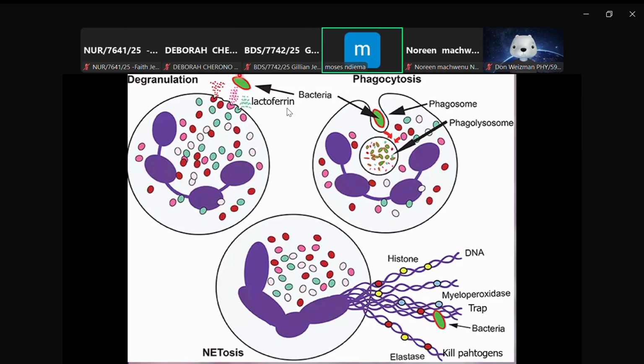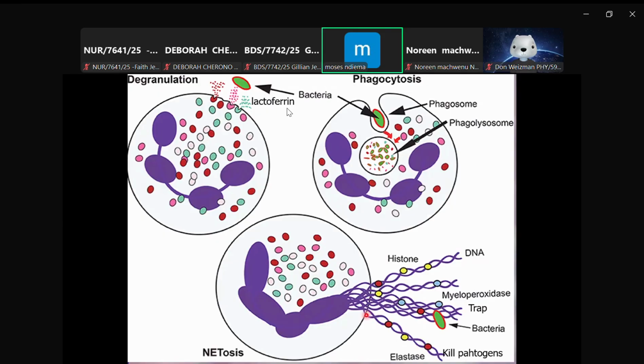Look at this neutrophil amongst erythrocytes, and you can see 1, 2, 3, 4 lobes. These lobes are connected by a thin strand of chromatin material.